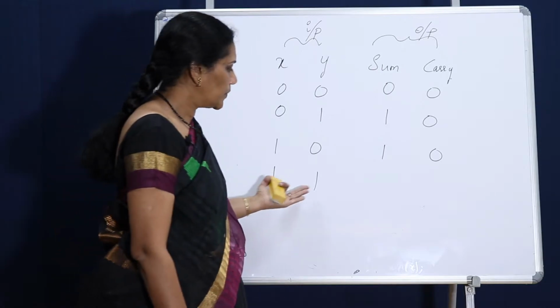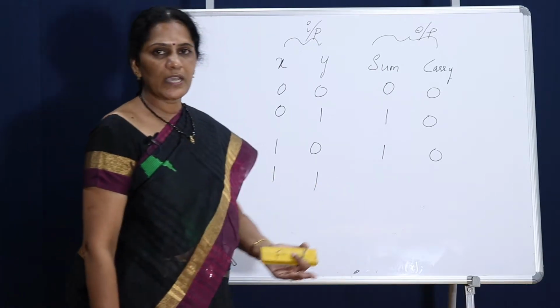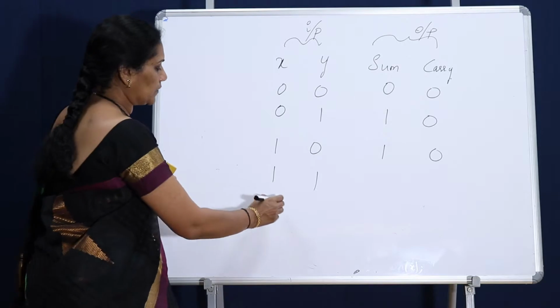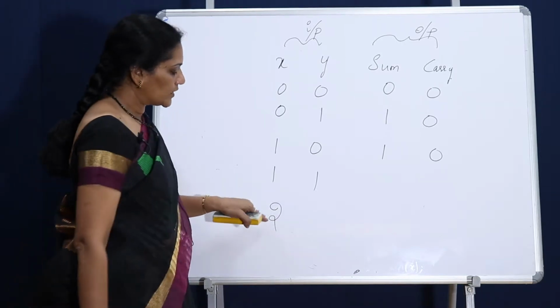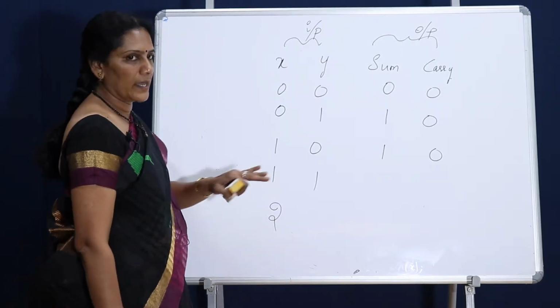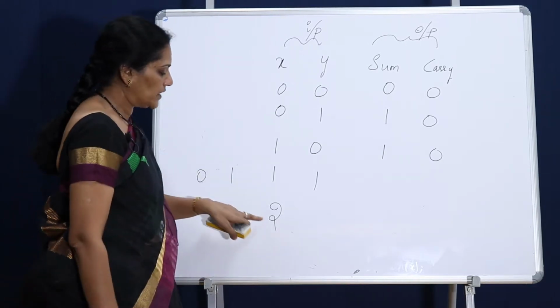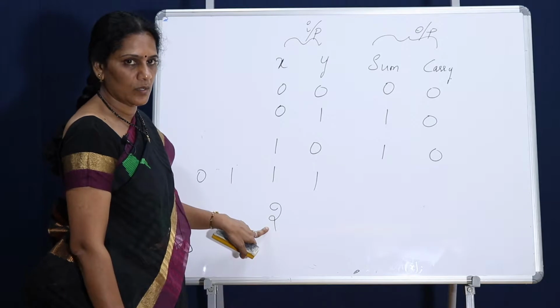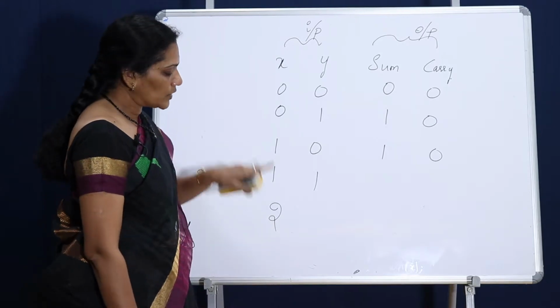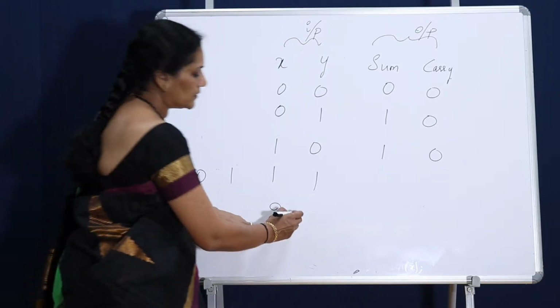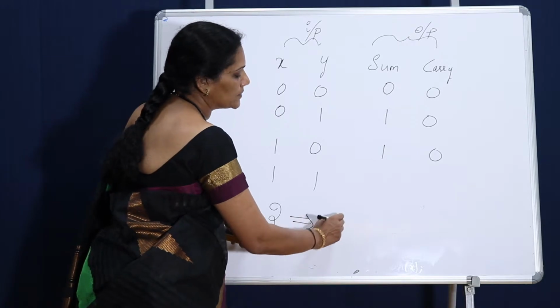But when it is 1 plus 1, the value that you get is 2. But 2 is not a binary value, because binary values are only between 0 and 1. So, 2 has to be converted into a binary format. When you convert 2 into binary, the value is equivalent to 1 0.